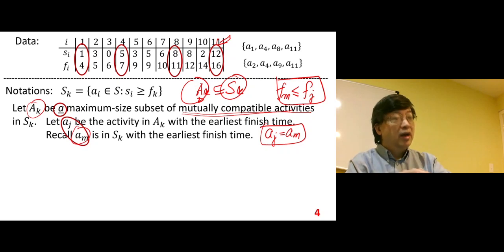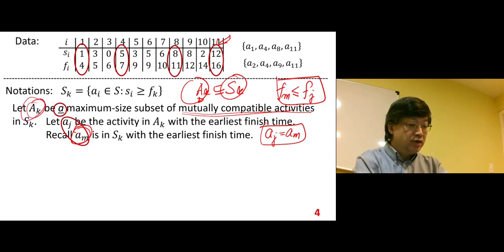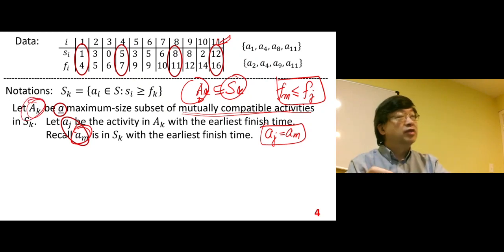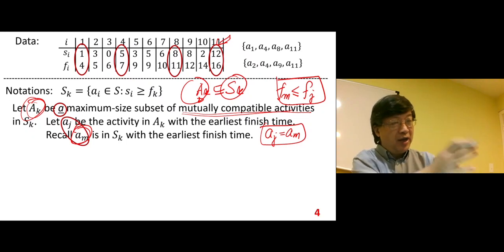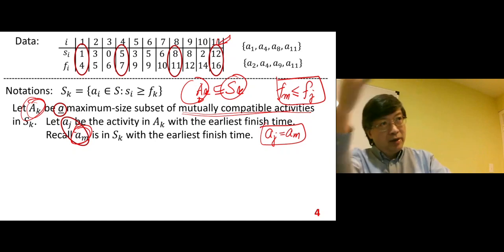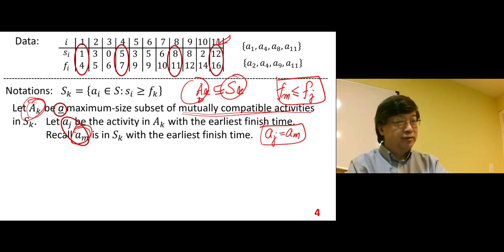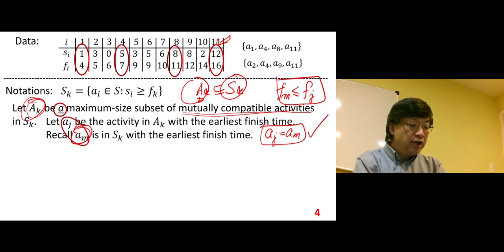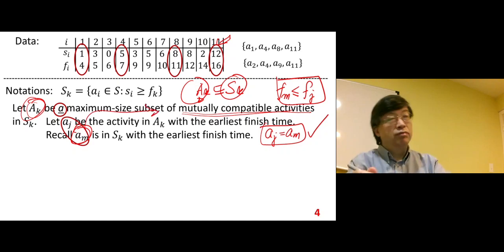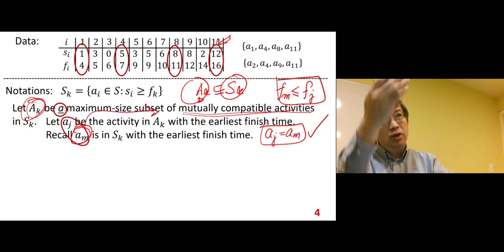Our claim is that AM is in one of the optimal solutions. So this will give us an optimal solution. We'll select AM, and the remaining is the optimal solution. So when AJ equals AM, our claim is true. AM is in one of the optimal solutions. So we don't need to prove anything.